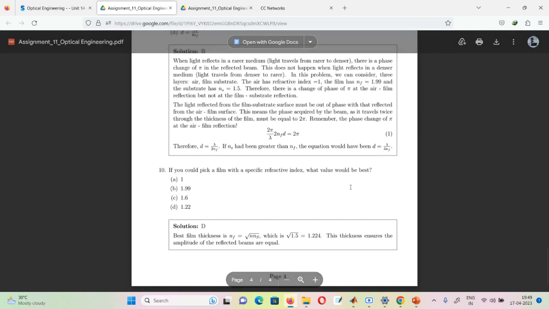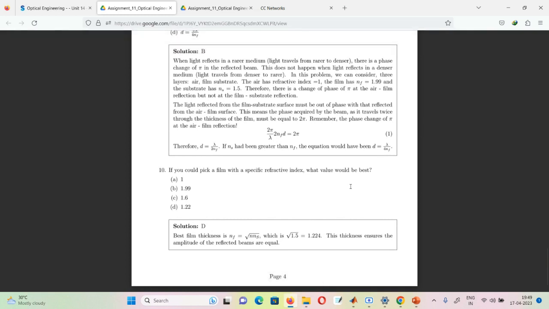So the question can come this way. You have two substrates. Most probably the top substrate will be air. The bottom substrate can be anything. Sometimes it can be glass with a refractive index of 1.5, or another refractive index, like a plastic substrate which has a lower refractive index.